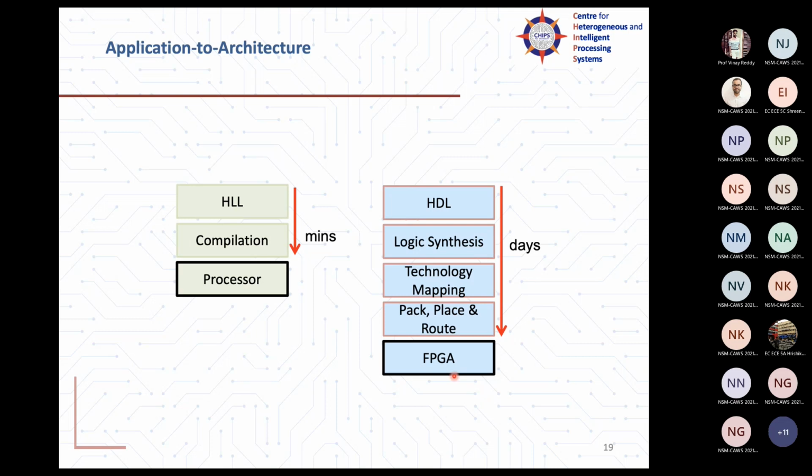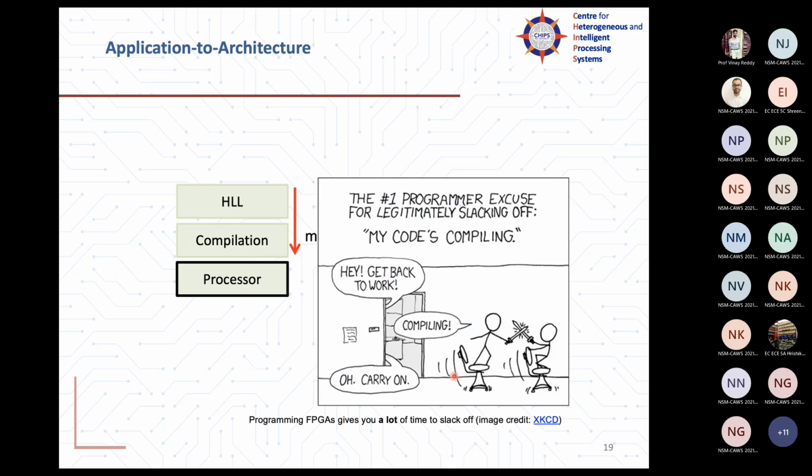And we have this in the lab all the time. We had a communication algorithm that actually took 1 week to synthesize. And there were some other applications that students were working on, and they would say, I'll come back to work when it's synthesized. So synthesis time is non-trivial. It takes way too long.